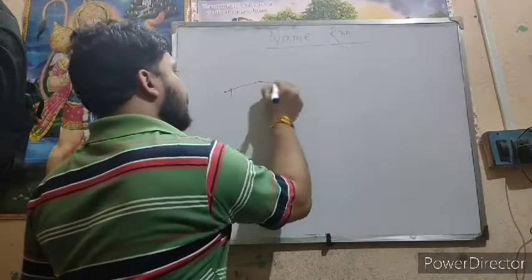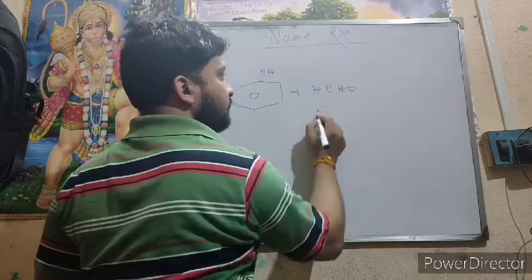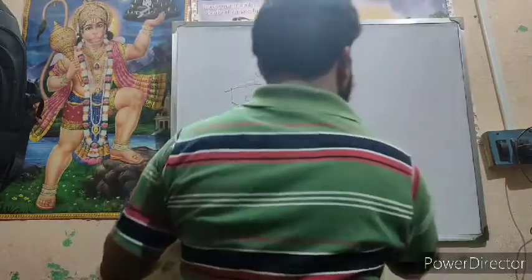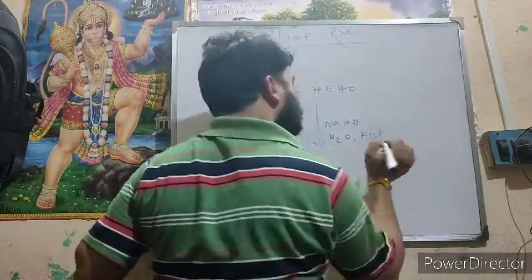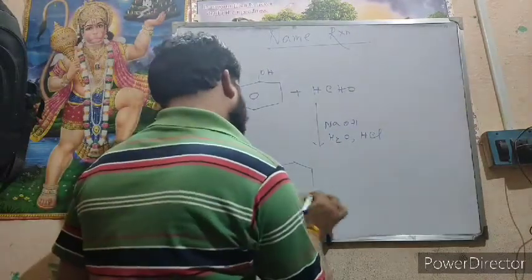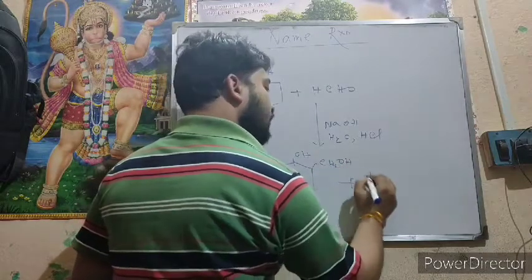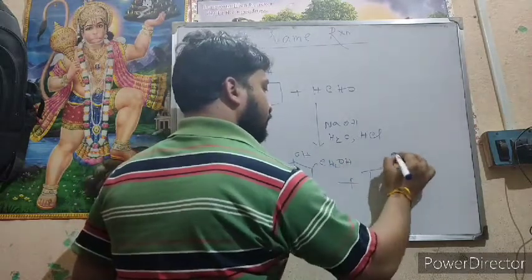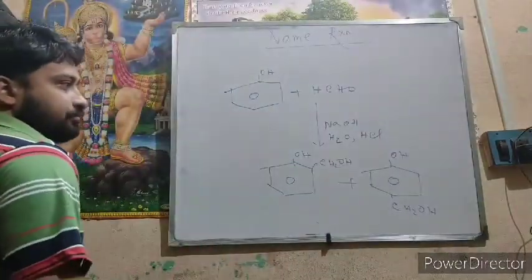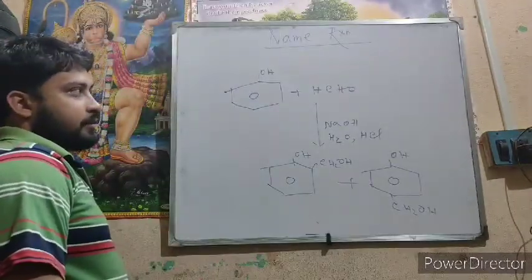If you take phenol and formaldehyde with the help of NaOH, H2O and HCl, you get the product with CH2OH on the ortho position as well as the para position. This is a very important reaction.